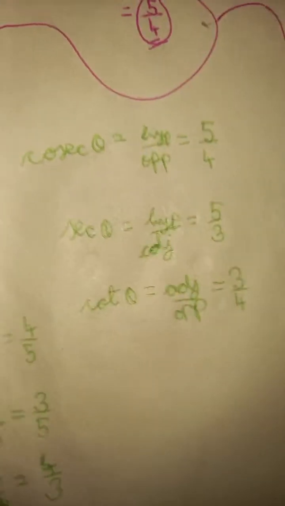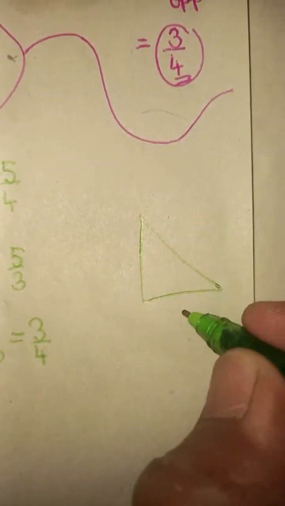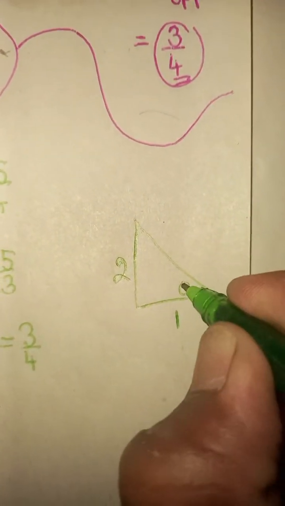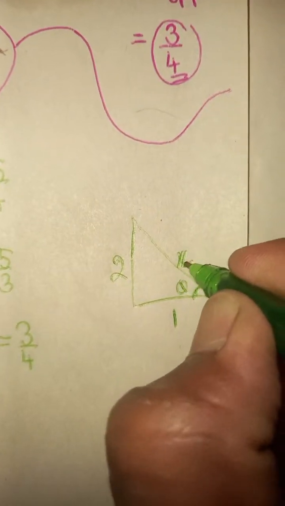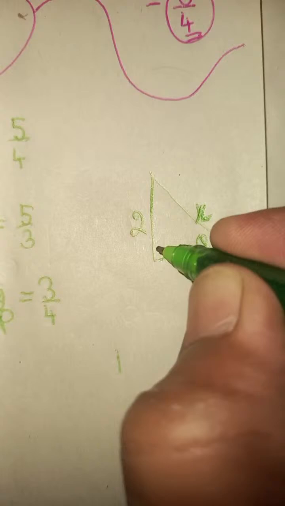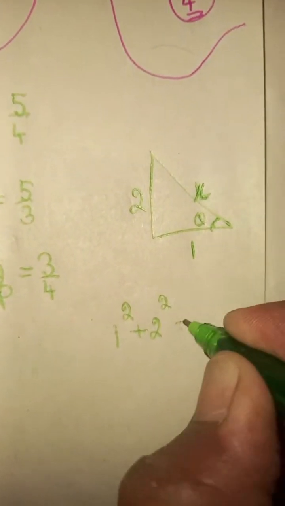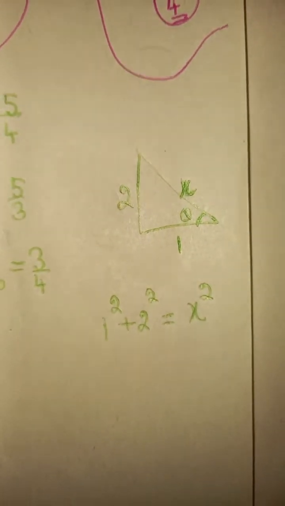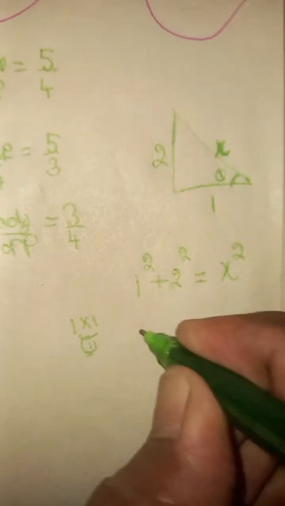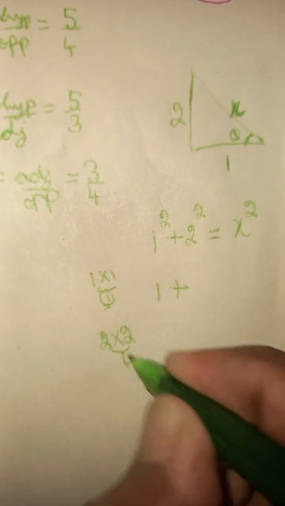Now let's take one more triangle. In this triangle, this side length is 1 unit, this side length is 2 units, and this is theta. First you need to find this x, that is the hypotenuse. This side square plus this side square, which is 1 square plus 2 square, equals hypotenuse square, which is x square. 1 square is 1, 2 square is 4.